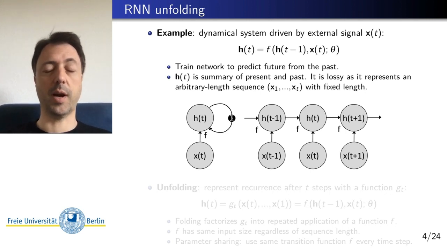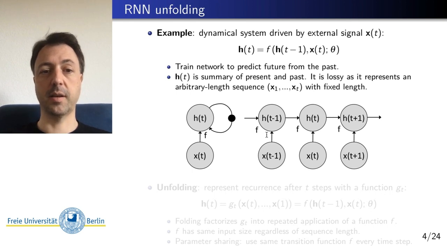Now we can also unfold this compact graph into this graph, which explicitly lists different time steps. And we do that here for time steps t minus 1 to t plus 1. So we have to start with an initial value of h. So let's say h0, some initial h value, so that we can start the recursion.